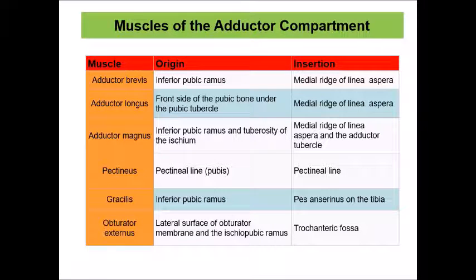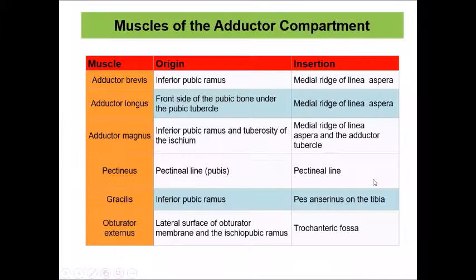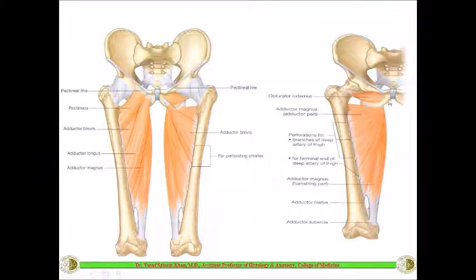Then the third muscle is the adductor magnus. As the name indicates, it is a huge, big muscle, and it has a very big insertion. It takes origin from the inferior pubic ramus as well as the tuberosity of the ischium. This is the inferior pubic ramus. As I said, the pubis has 2 rami, superior pubic ramus as well as inferior pubic ramus.